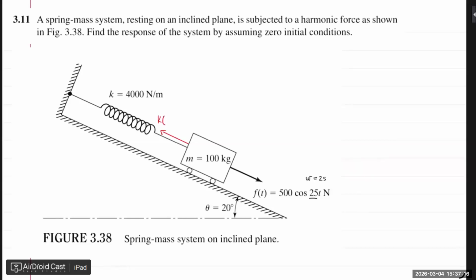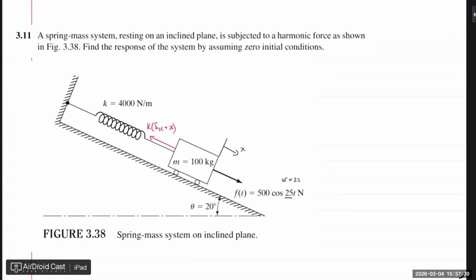So you need to remember about that static delta. So it is the static displacement plus the x that it will eventually go. So it is two parts. And then there's that mass, so the m times g.